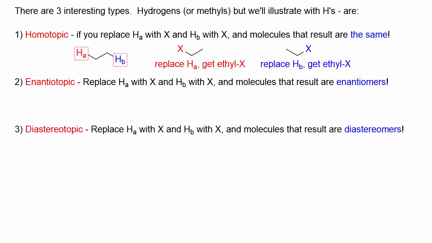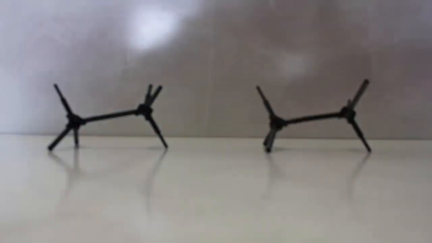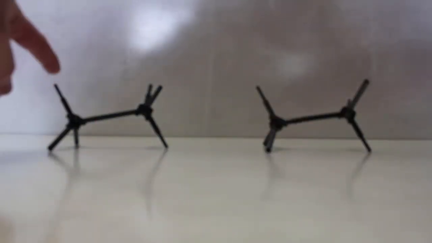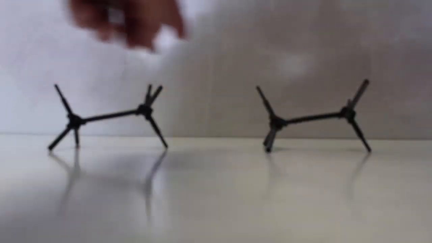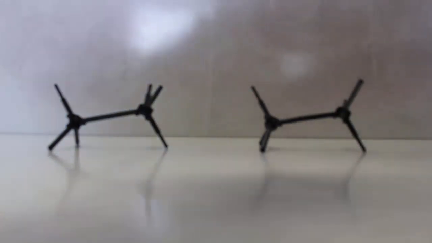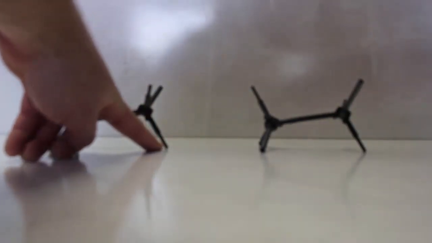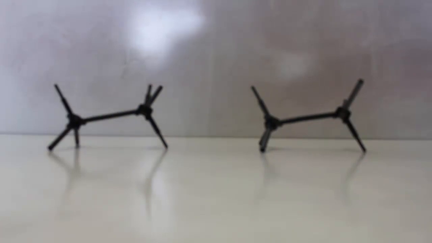Let me show you a better way of approaching this problem, and that is by actually building the models and then doing the replacement. So you can see I have two ethyl groups lying there. This is HA on the one ethyl group. That is HA on the other ethyl group. Meanwhile, HB is right there. HB is right there. The idea is that you're going to build two exact copies of the molecule in question, and then you're going to substitute for HA and HB.